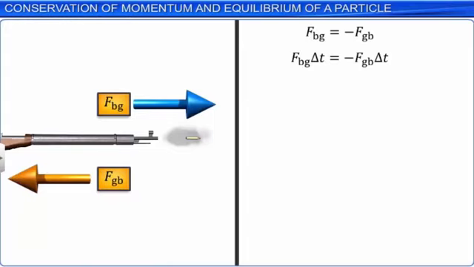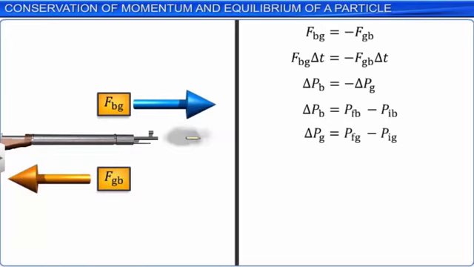From Newton's second law of motion, the product of Fbg and delta t is the change in momentum delta Pb of the bullet. Similarly, the product minus Fgb delta t is equal to the change in momentum delta Pg of the gun.